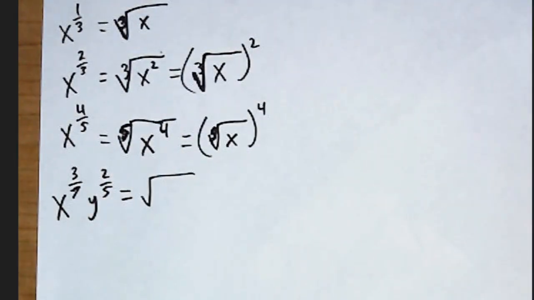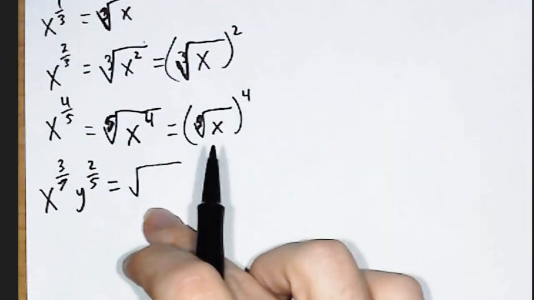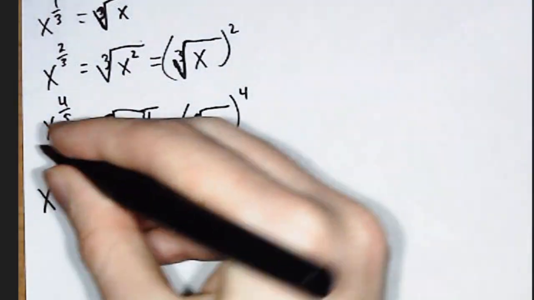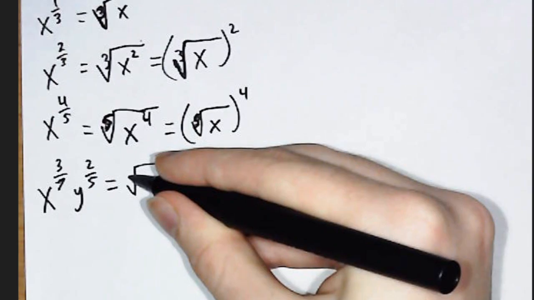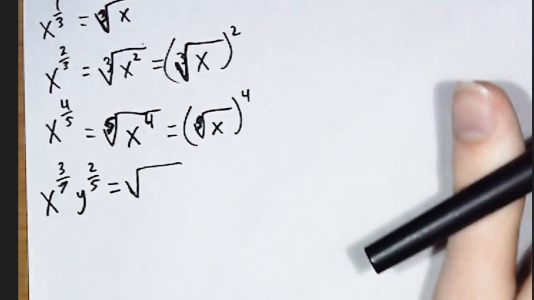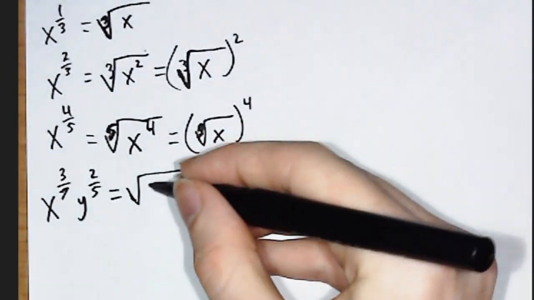So we have x to the 3/7. The way to write this, and again, if you want to jump ahead and write this in radical form first before I do it, that's fine. X to the 3/7. Think about what number would go here in the index. What is the index? Take a moment to think. Using what we've learned, and again, rewind the video if you have to, what is the index?